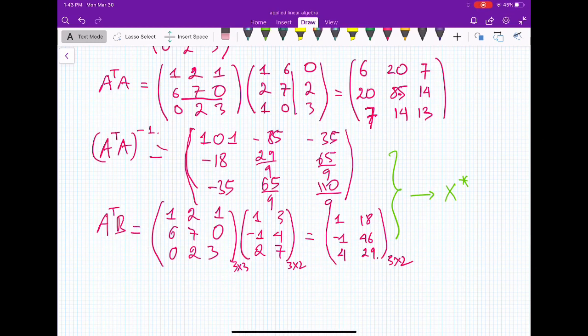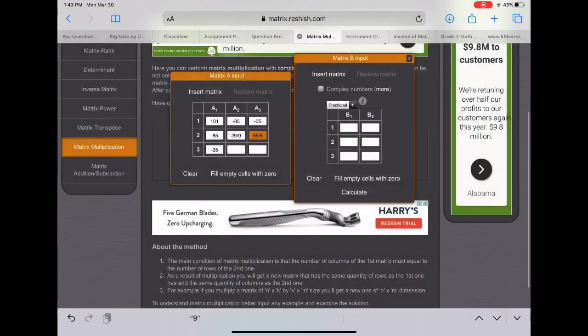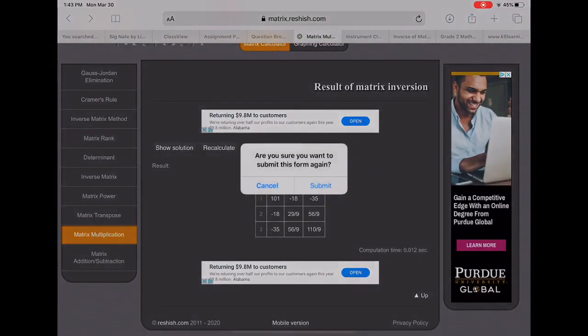I think I did something wrong in here. Why do we have negative 18? Interesting. Let me check that again. Let me go back to the previous one.